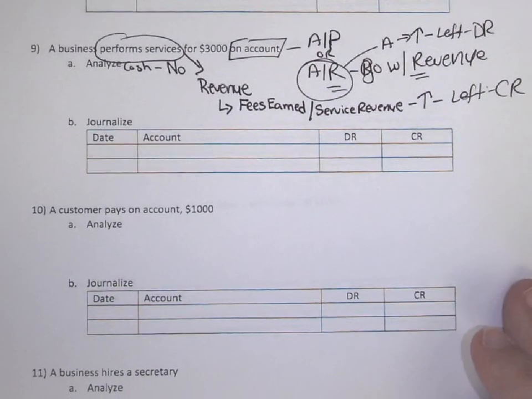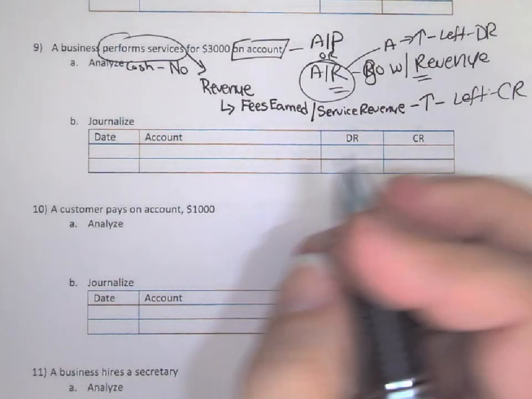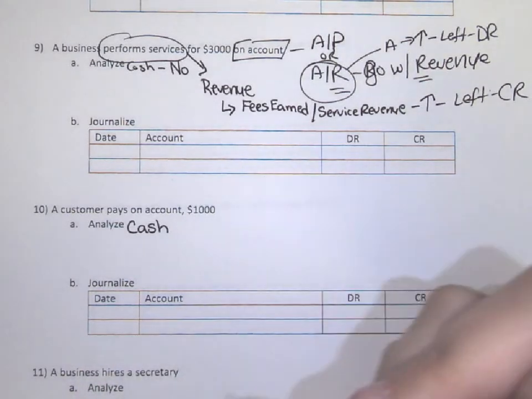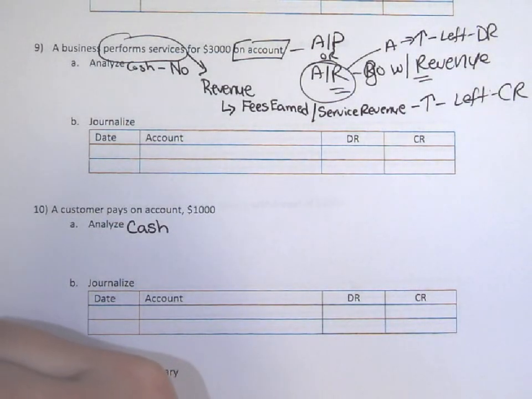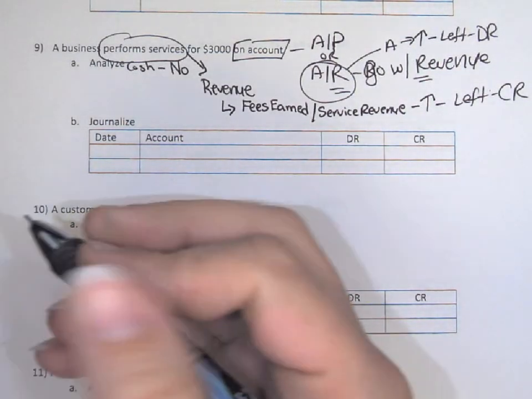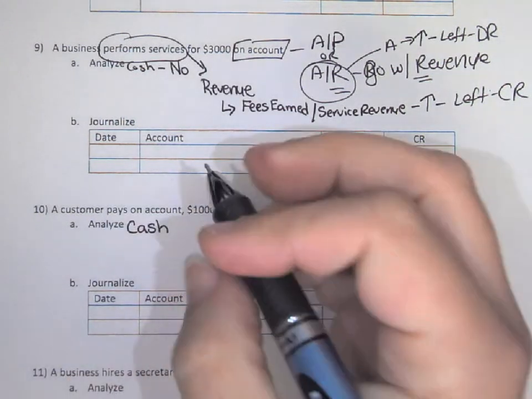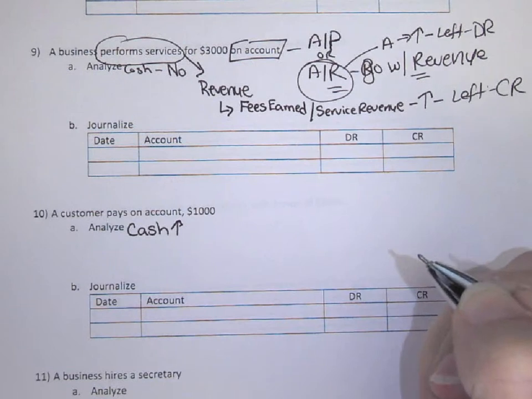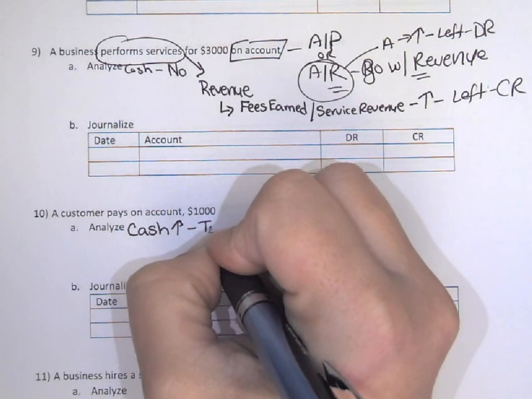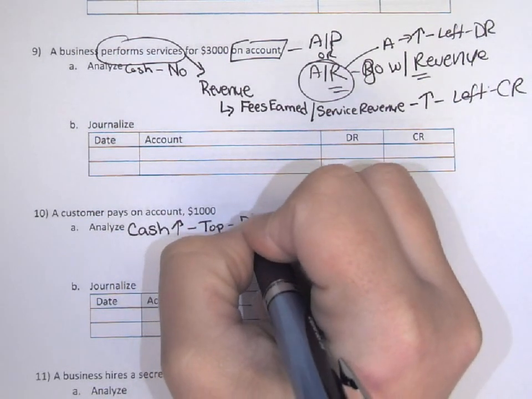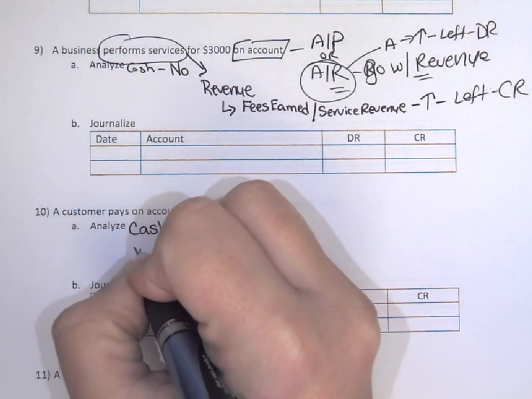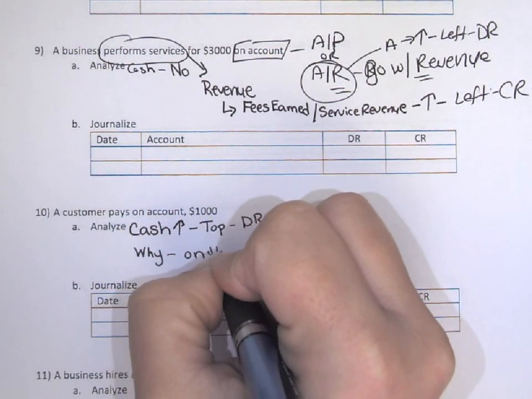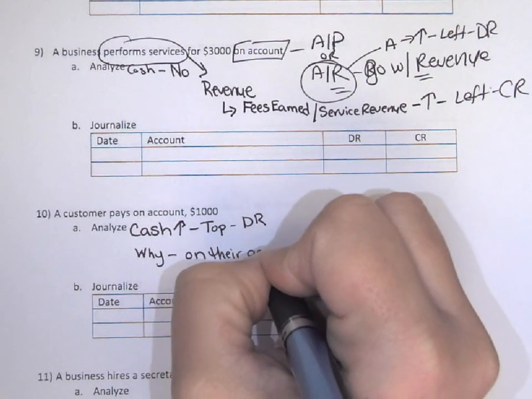Here, a customer pays on account $1,000. So is cash involved? Yes, a customer paid their account. If a customer is paying their account, that means they are paying you, which means that your cash balance is going up. If your cash balance goes up, that means you're going to be on top. It is going to be a debit. Why? Well, a customer paid on their account.